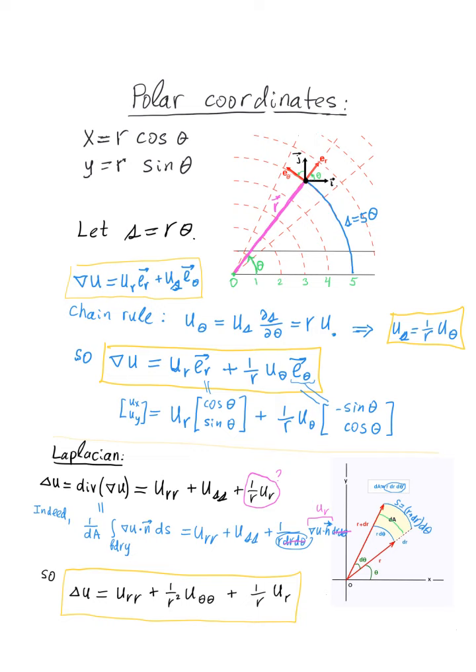Recall the relation between the partial derivative with respect to s and with respect to theta. So the double partial derivative with respect to s would be rewritten as 1 over r squared times the double partial derivative with respect to theta. And this is our final expression for the Laplacian in polar coordinates.